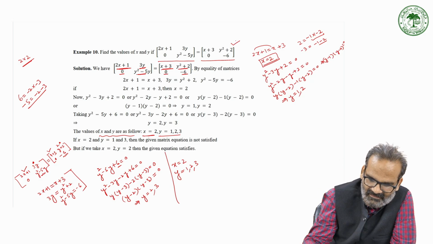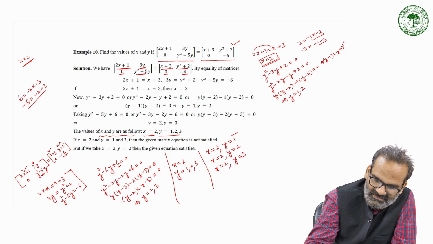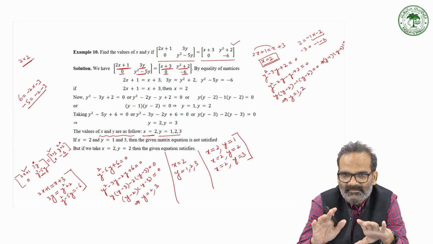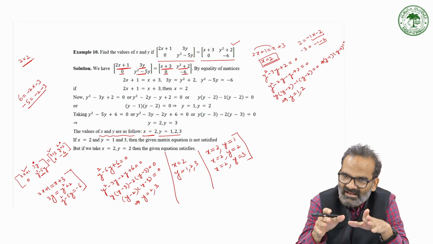So what we will do first? Case 1: x equals 2 and y equals 1. Case 2: x equals 2, y equals 2. And case 3: x equals 2 and y equals 3. These are the three possibilities because x has only one value and y has 3 values.